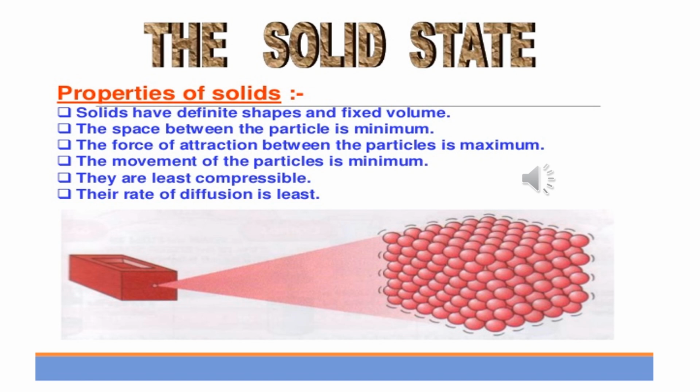It is minimum because the particles of solid are very close to each other. And as these particles are very close to each other, the particles of another matter do not get intermixed with the particles of solid easily. And hence the rate of diffusion in solid is least.